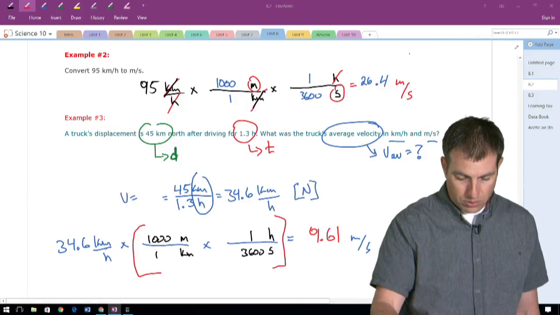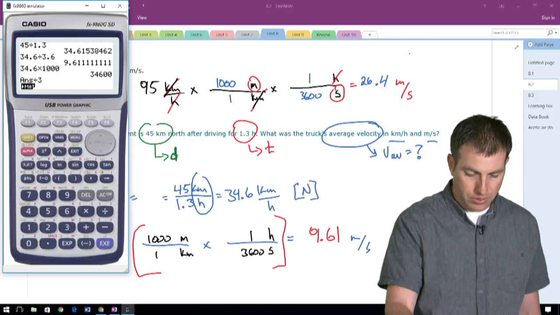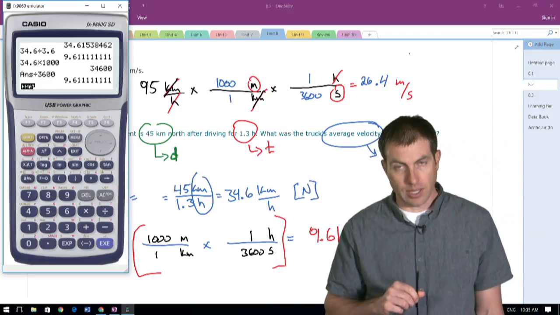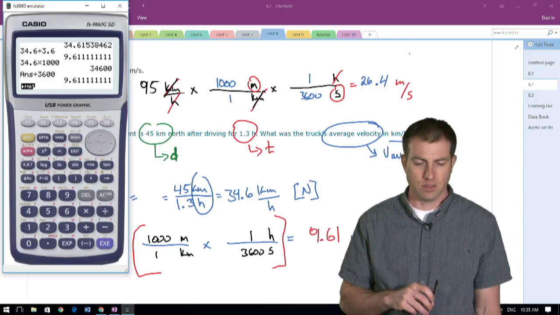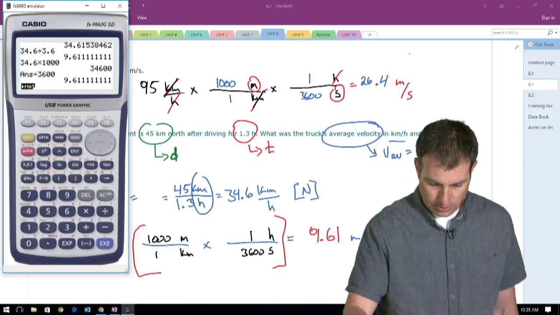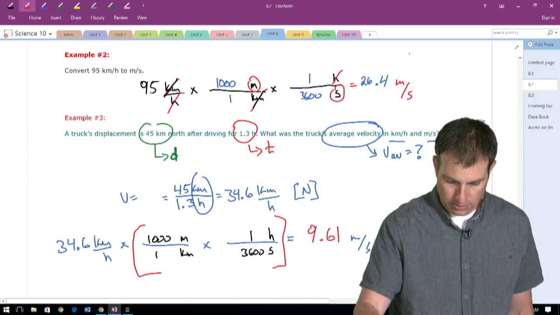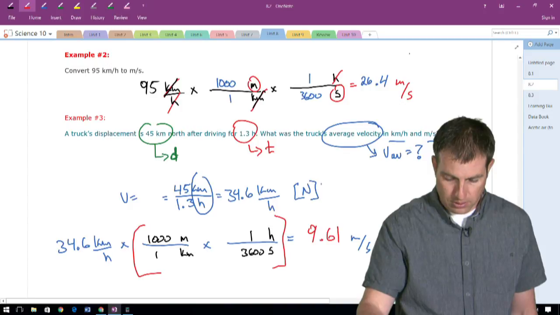Or I can go 34.6 times 1,000 divided by 3,600, which is 9.6 as well. Just a little math trick. And again, this is north.